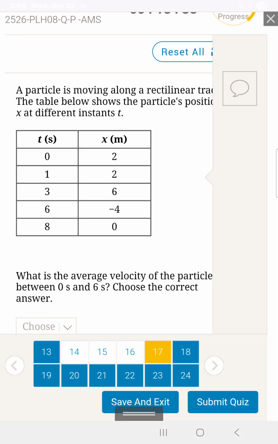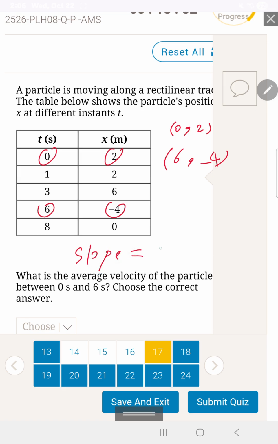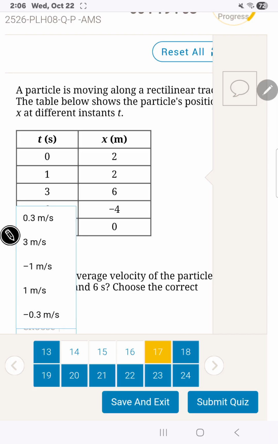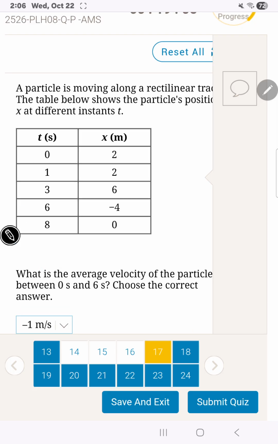Now between 0 and 6, we have these points, t and x, so 0, 2, and 6, negative 4. Also, slope is equal to velocity, which is negative 4 minus 2 over 6 minus 0, which is negative 6 over 6, which is negative 1. So we have to choose negative 1 meter per second.